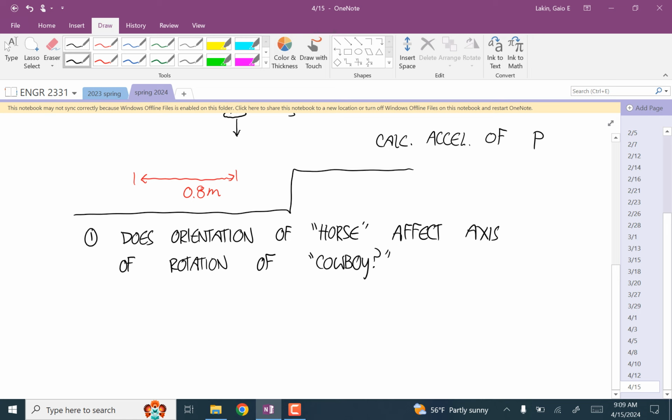In this case, it does. So we're going to have to use a rotating coordinate system approach.